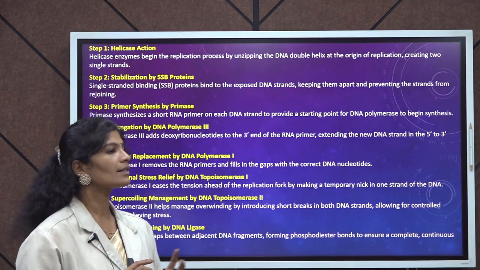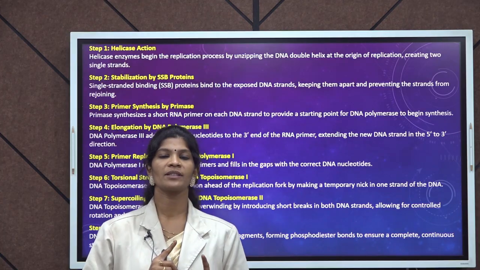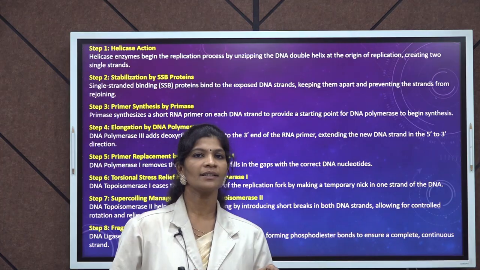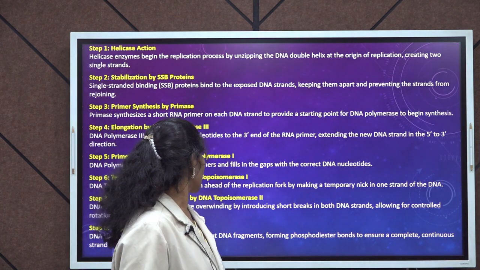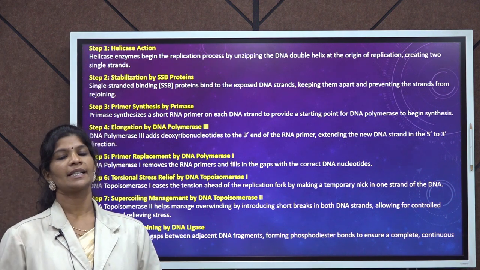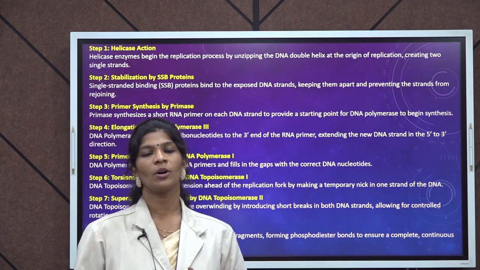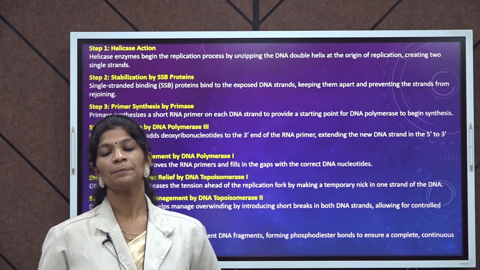Steps 6 and 7 involve topoisomerase 1 and topoisomerase 2, which prevent the overwinding of DNA by creating a single nick or a double nick respectively. And step 8 is segment joining by DNA ligase enzyme, which forms a phosphodiester bond between the two nucleotides and seals the gap.